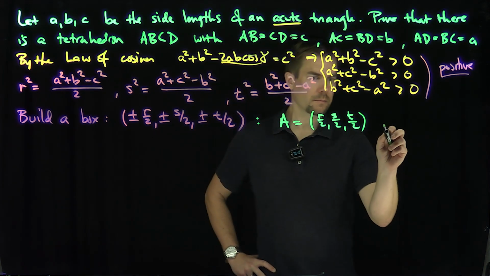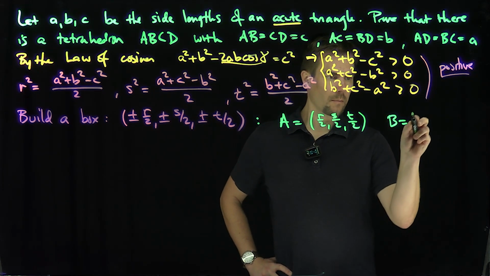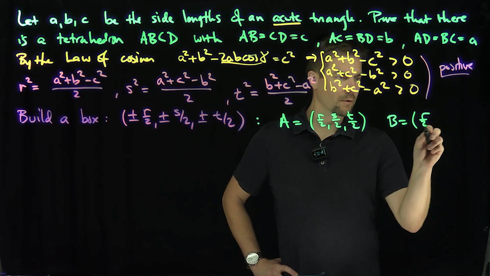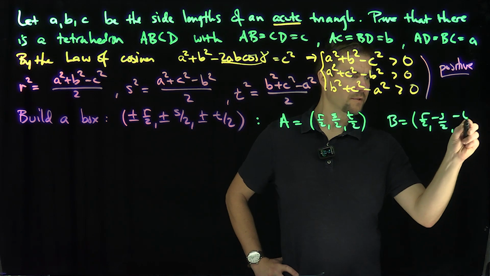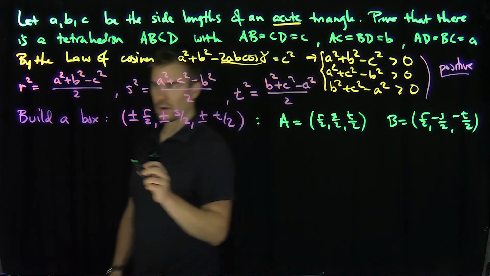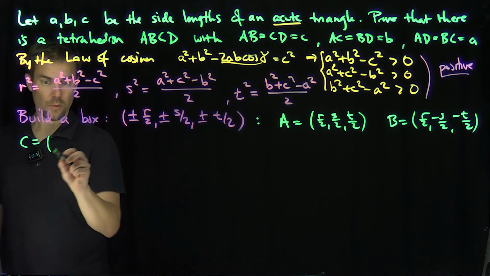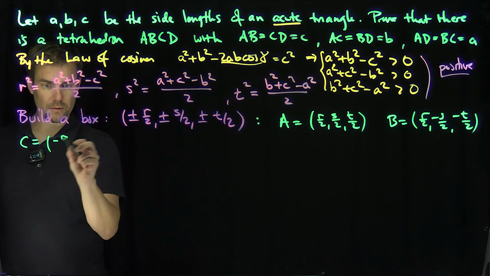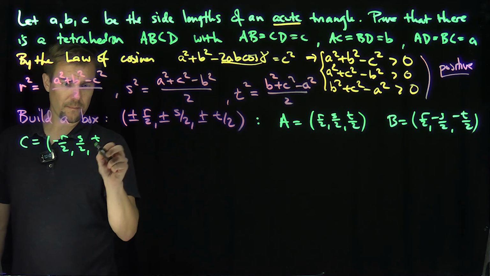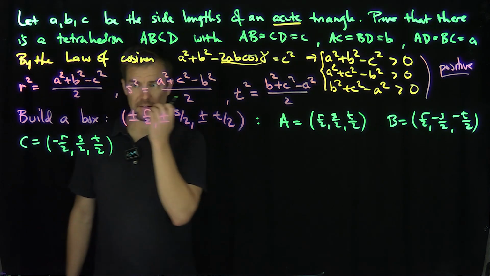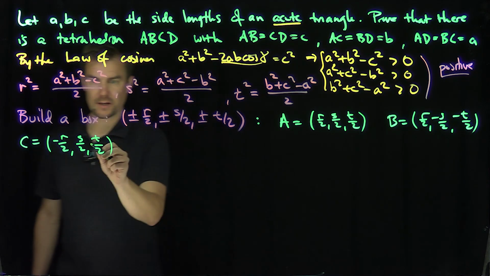Then I'm going to let B be (r over 2, negative s over 2, negative t over 2). We're going to let C be (negative r over 2, s over 2, negative t over 2).